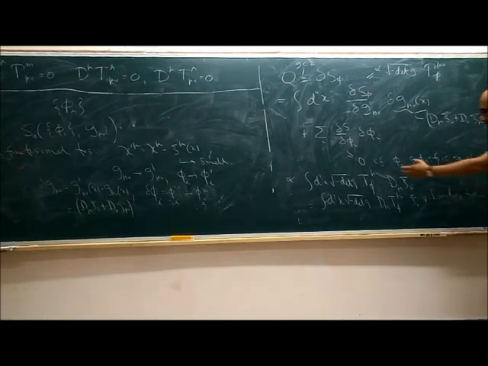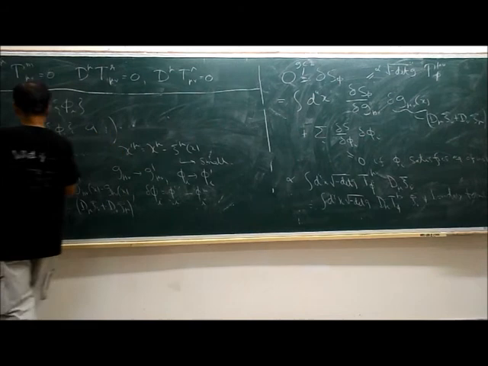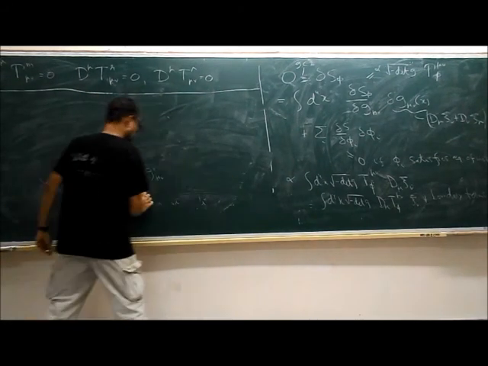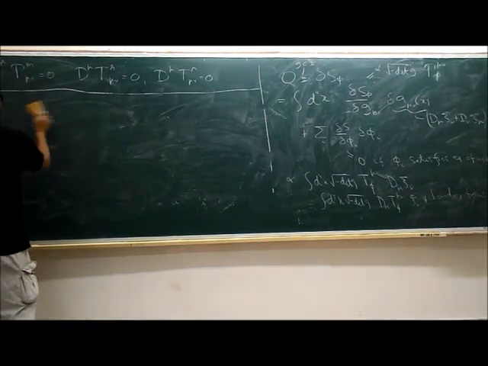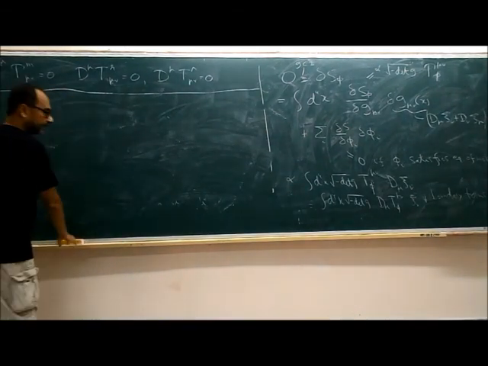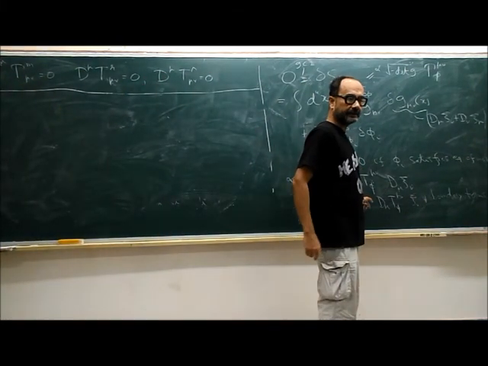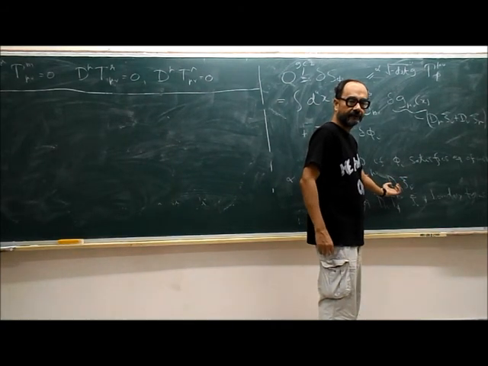Here we use one of the identities that we had derived in the class. Then you can integrate d mu by parts through square root of minus determinant g, as long as it's a total derivative, as long as it's a covariant derivative.